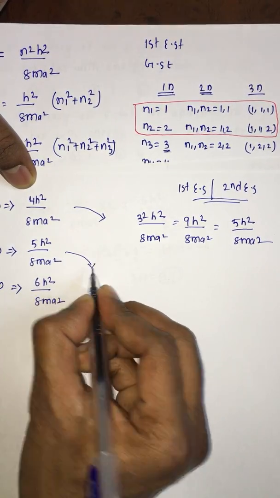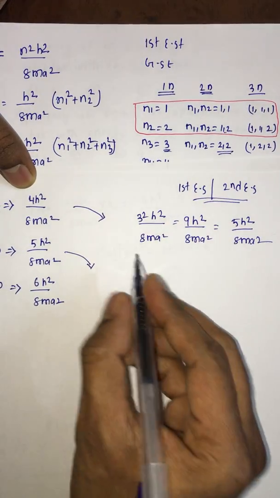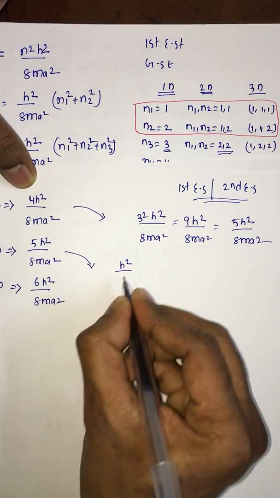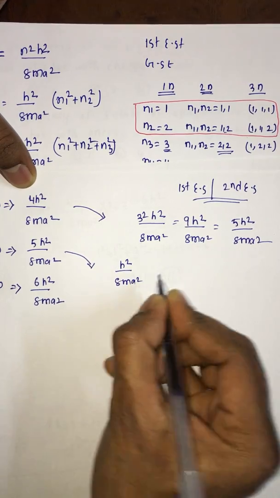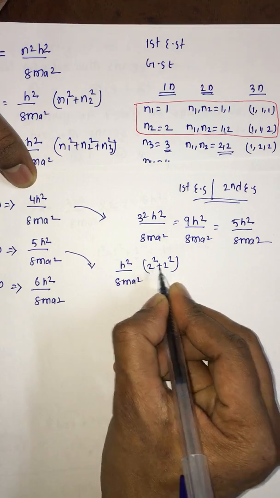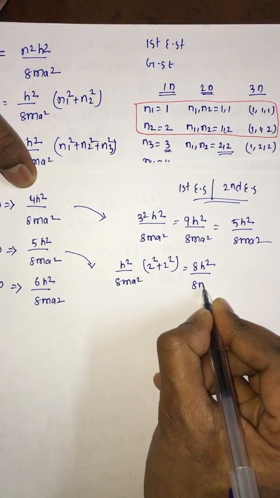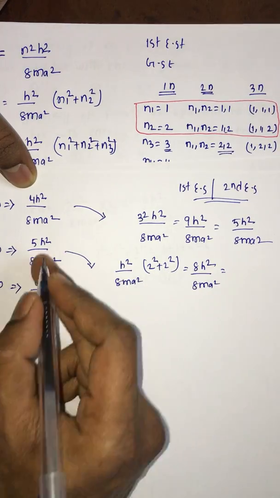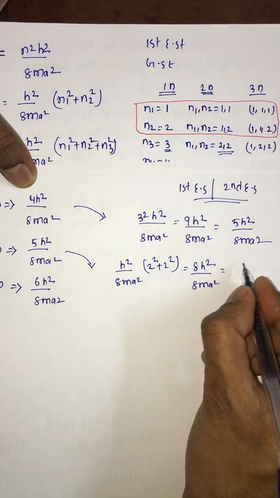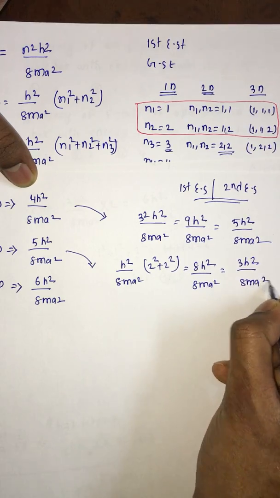Now for the 2D box, we have the second excited state 2 and 2, h square by 8 ma square times 2 square plus 2 square. So this will be 4 plus 4, 8h square by 8 ma square. And the energy difference between this and this will be 3h square by 8 ma square.